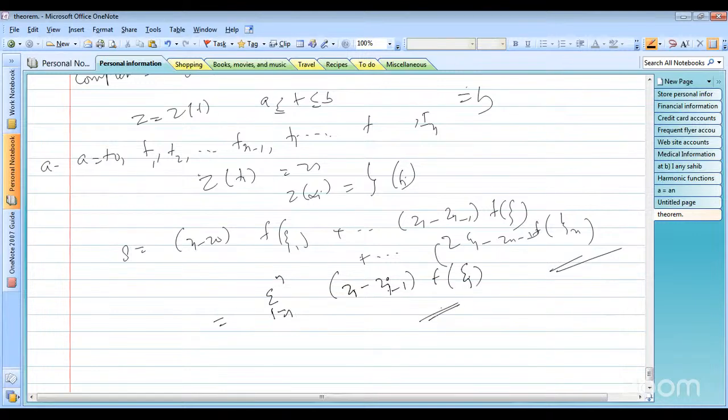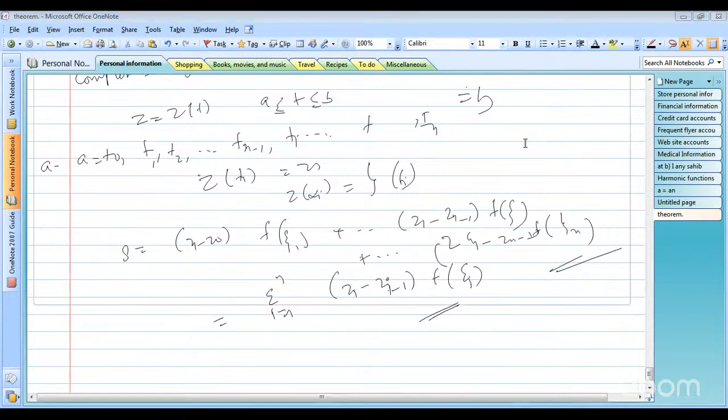We take this for each partition P and each choice of alpha, and the corresponding sum S we are writing here.